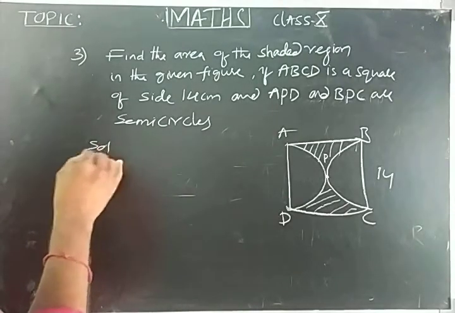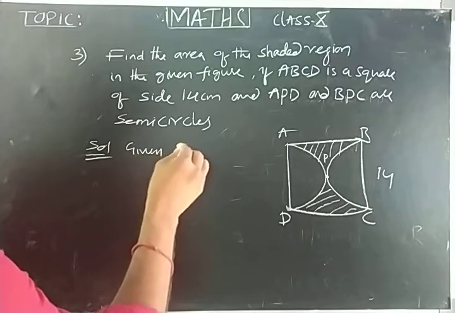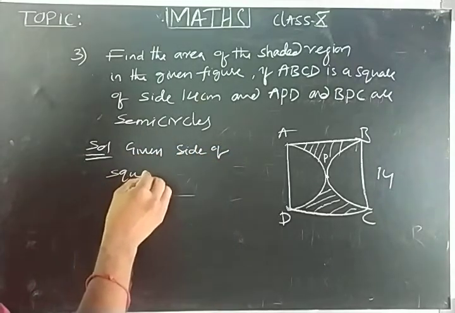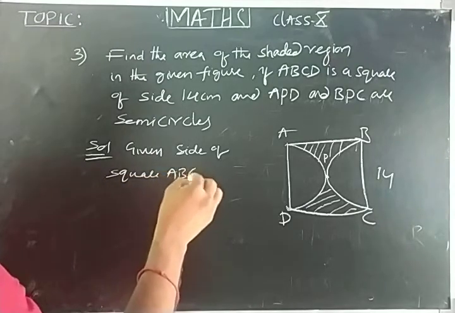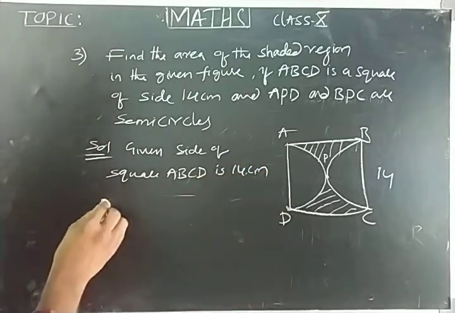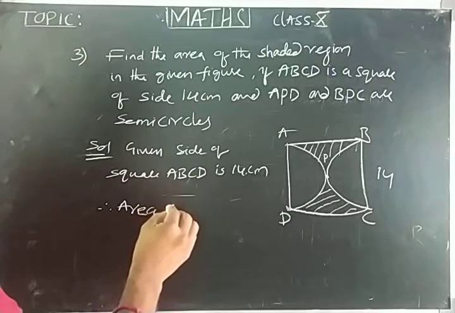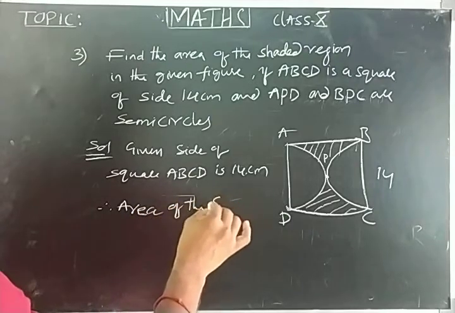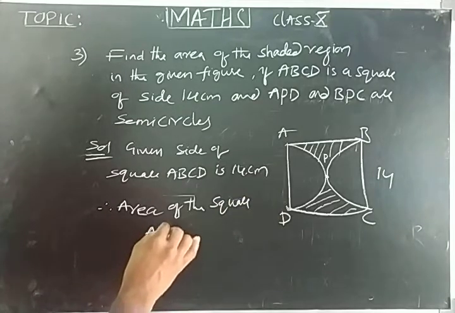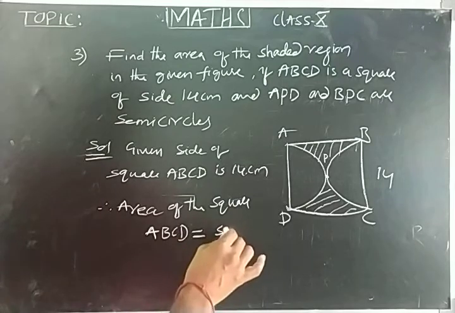Right, now I am writing the given information. Given side of square ABCD is 14 centimeters. Now therefore area of the square ABCD is equal to side square.